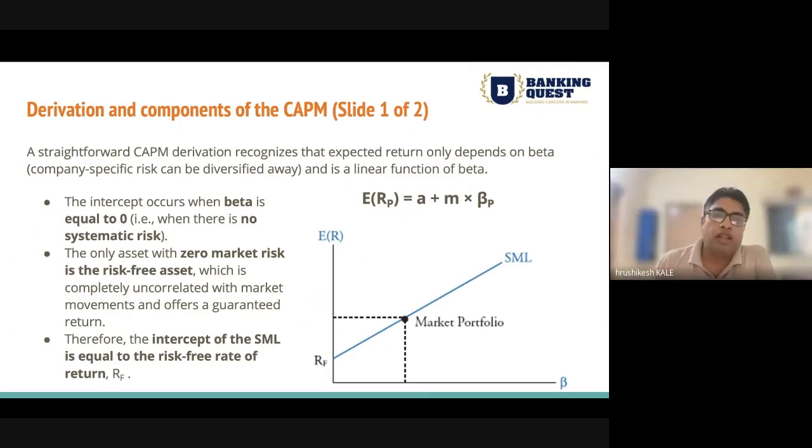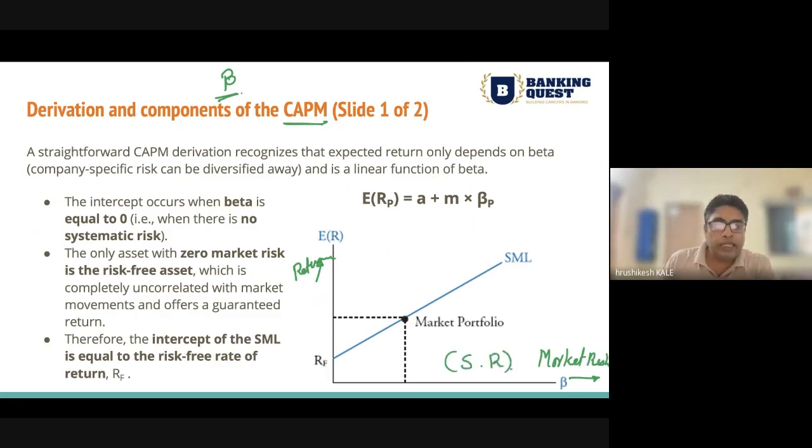Now we have come till beta. Now let us calculate CAPM. When you have returns on the y-axis and beta on the x-axis, beta is market risk, which is also called systematic risk.